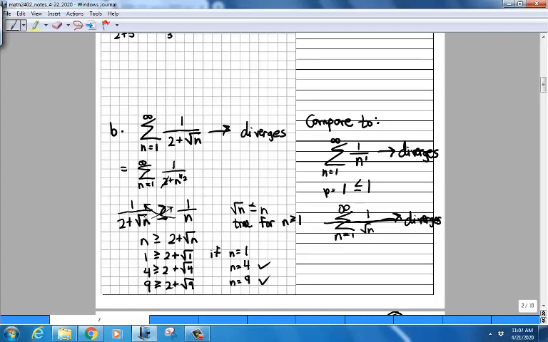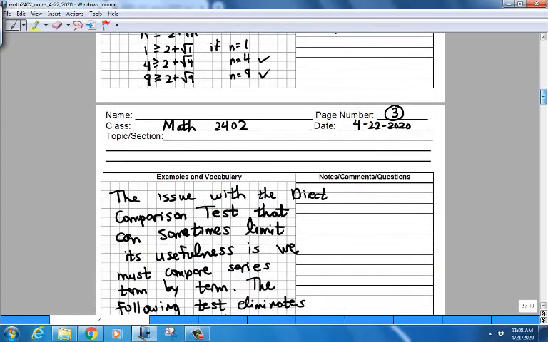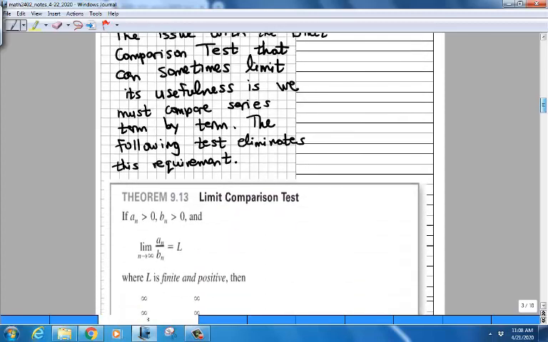You can kind of see it in this example that sometimes that determination is hard to make. So let me show you a simplified version of this test, which is sometimes a little bit easier to use.